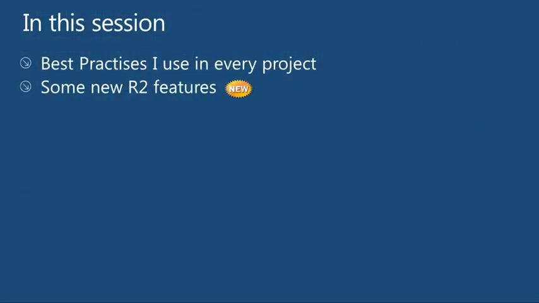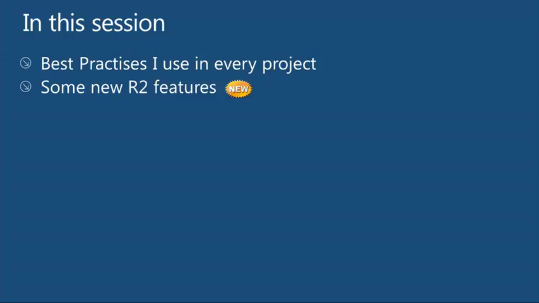Now, the first thing I realized when I started, I'd already put in my synopsis, and then I started trying to work out the slides for this topic, is that I'd bitten off far more than I could chew. There's a lot to FIM, as everyone knows who works with it. There's a lot of different configurations, a lot of different environments, and I really cannot cover every single case and best practice. So I've decided to focus on things I do in every project.